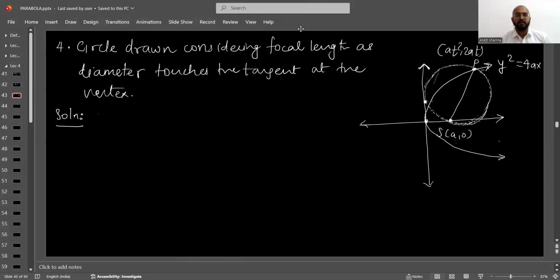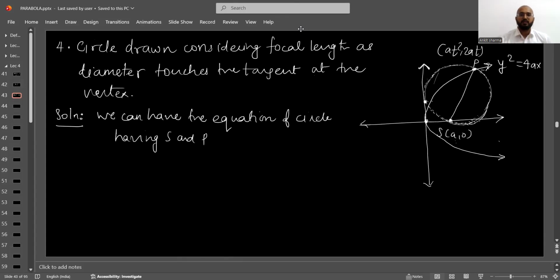So we can have the equation of the circle having S and P as the endpoints of the diameter.